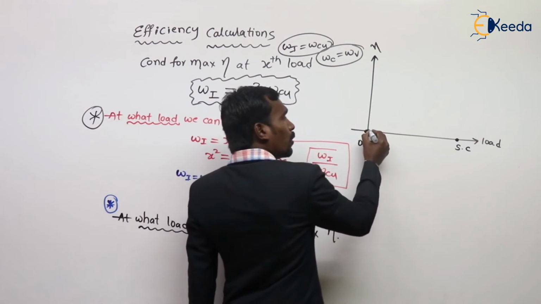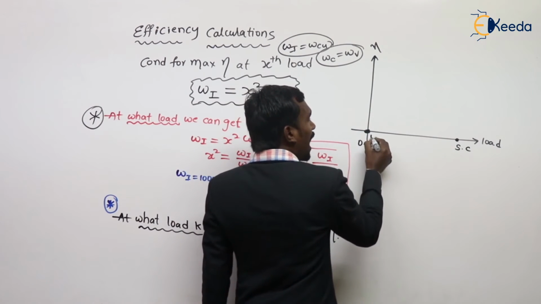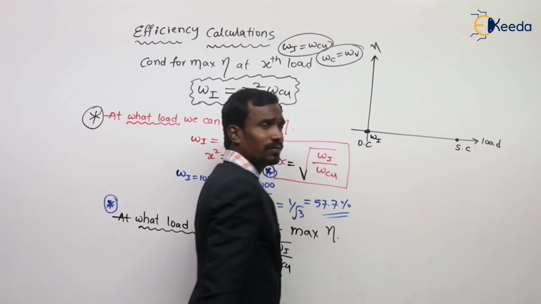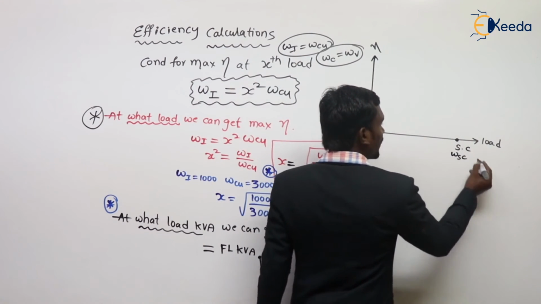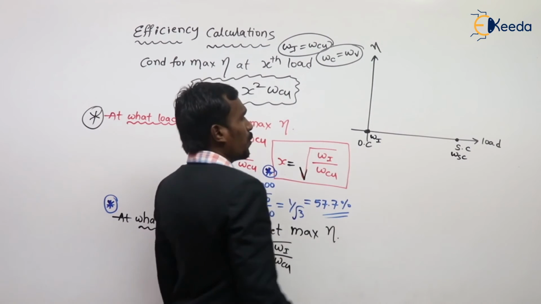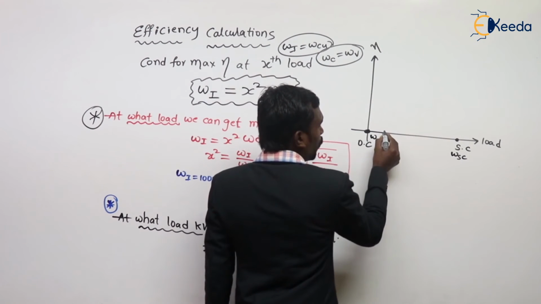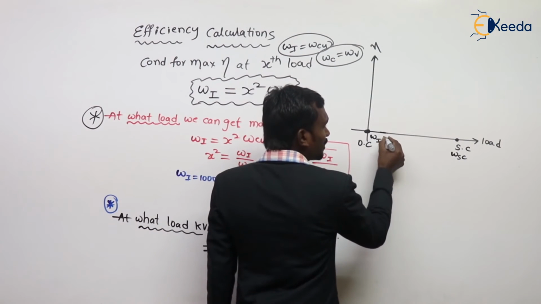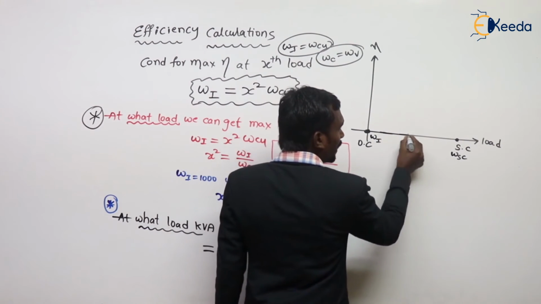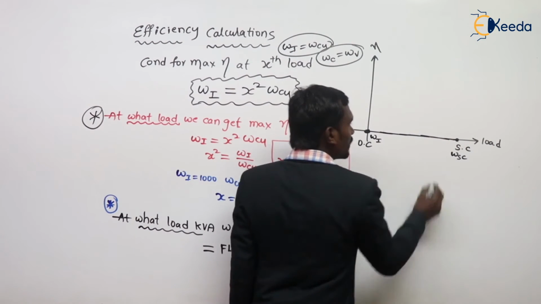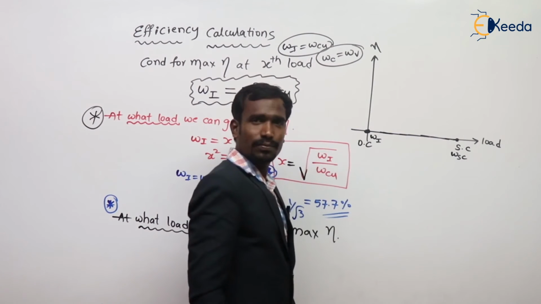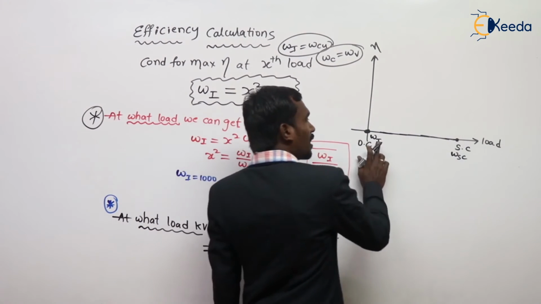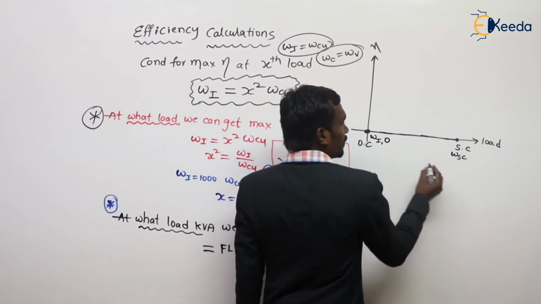At no load, we have only iron losses. At short circuit condition, we have only short circuit losses. When load increases, iron losses are constant, but copper losses increase.